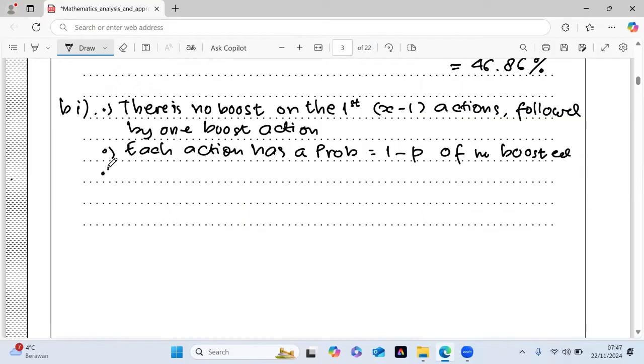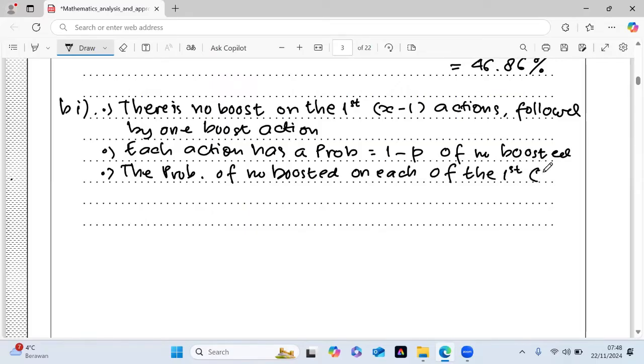The third, the probability of no boosted on each of the first X minus 1 actions is the combination of each one, and each one is 1 minus p, so 1 minus p power X minus 1.